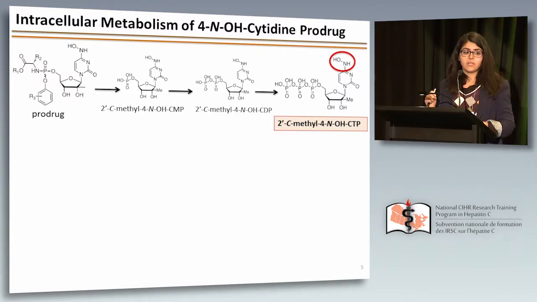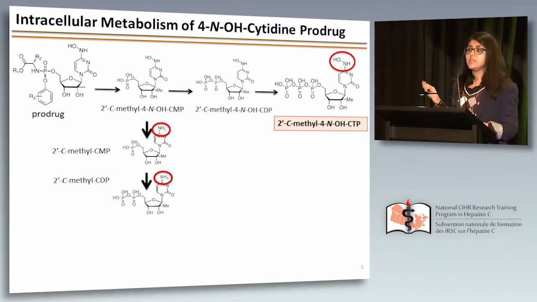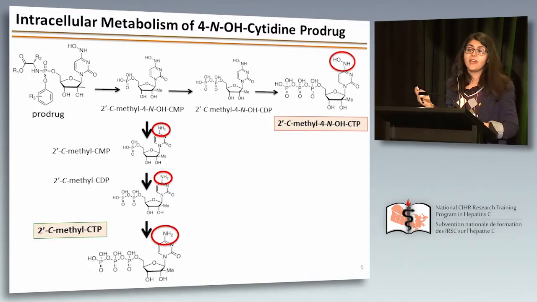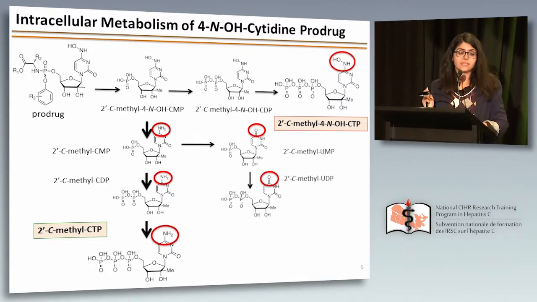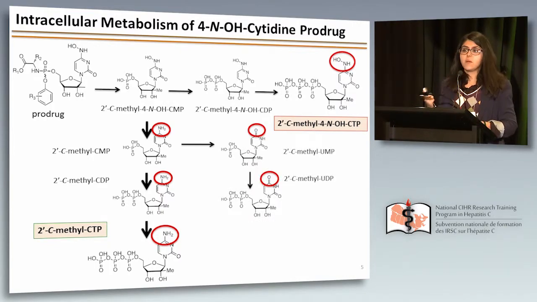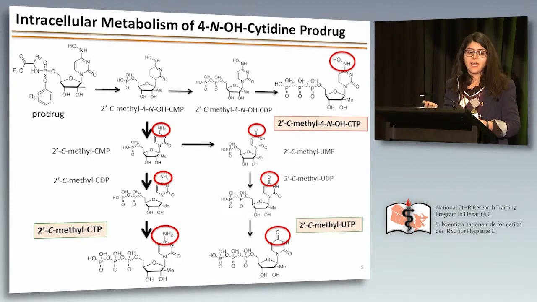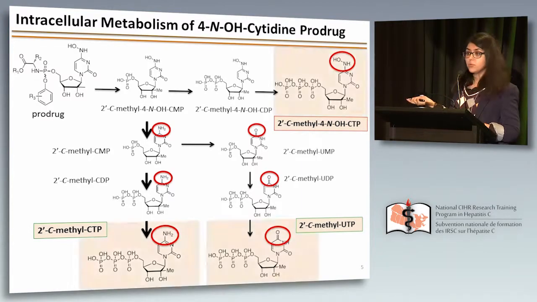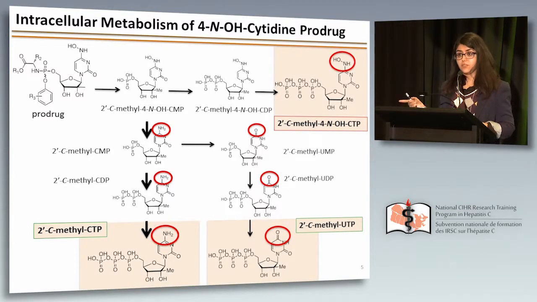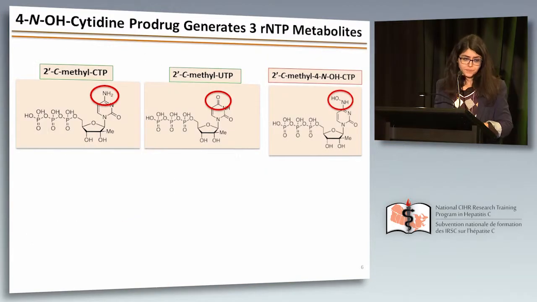What was somewhat unexpected is that some of these intermediate steps can be converted at the base moiety here to a cytidine, so then you can have 2'-methyl cytidine monophosphate, diphosphate, and a 2'-methyl CTP generated. And similarly, these compounds can undergo deamination, and this generates 2'-methyl UTP. So the take-home message of this busy slide is that one prodrug is generating 3 different triphosphates intracellularly.